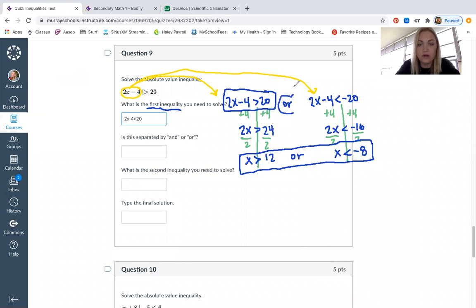This has an or, so I can type in or. And then lastly, it says, what's the second inequality? That's right here. That is 2x minus 4 is less than negative 20. Okay, and then our final solution, x is greater than 12 or x is less than negative 8. Perfect.